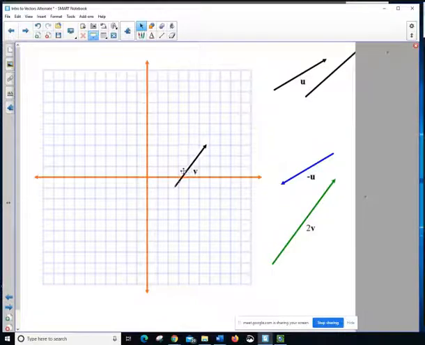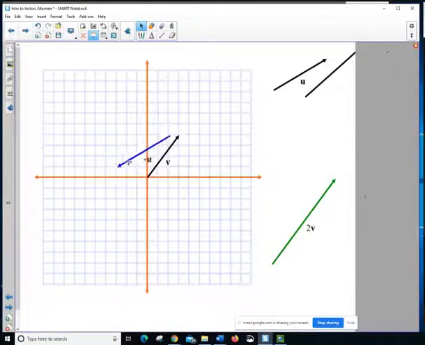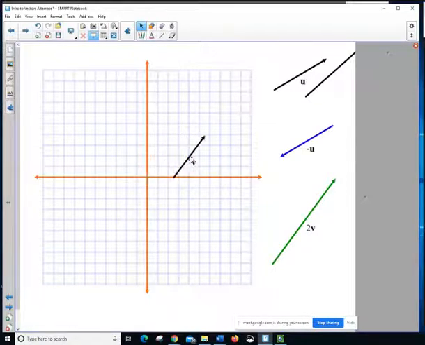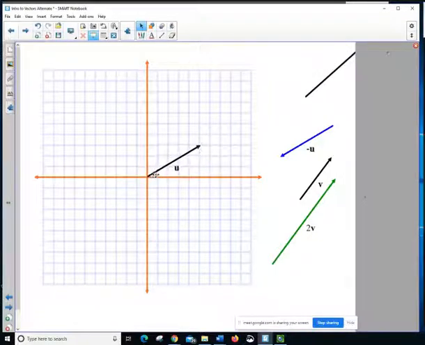So let's say I take the vector v again, remember 3, 4, and I subtract vector u. That's like adding the opposite of vector u. Oh, hey, wait a minute. How did I get this? That was one of the other things I asked you. If I have a vector u and I want a vector in the opposite direction, so in other words, that vector there, what does one have to do?